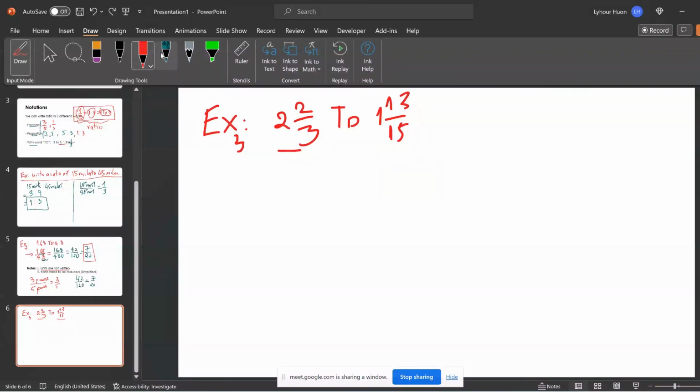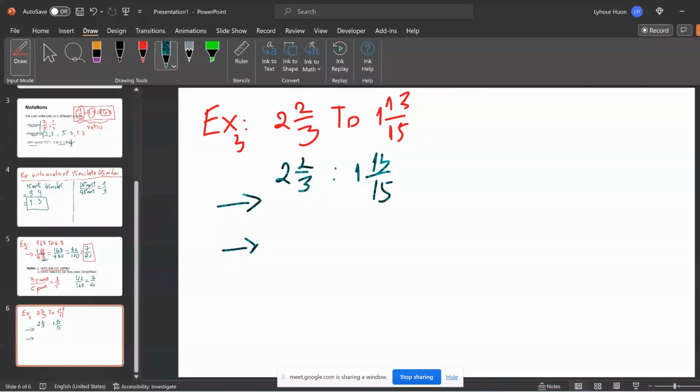Can we write the mixed numbers as a ratio? 2 and 2 over 3 colon 1 and 13 over 15, right? And then can we simplify the mixed numbers?